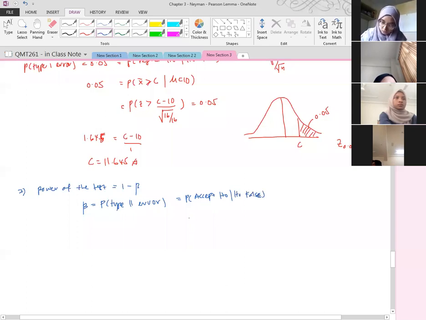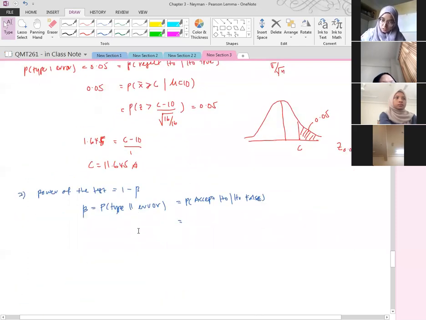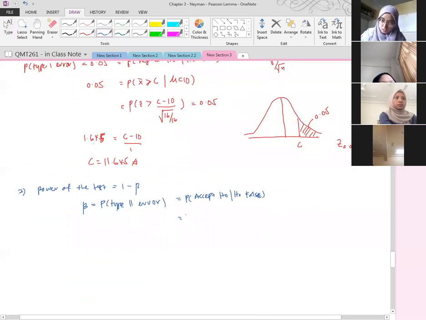The rejection region is more than, so to accept the null hypothesis, it should be the probability of x bar less than 11.645.